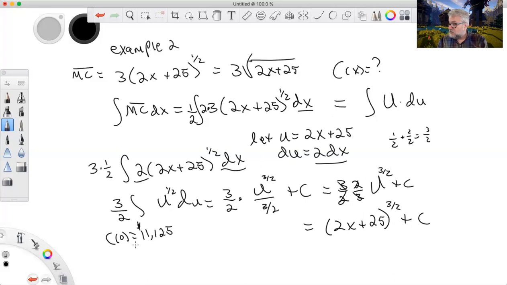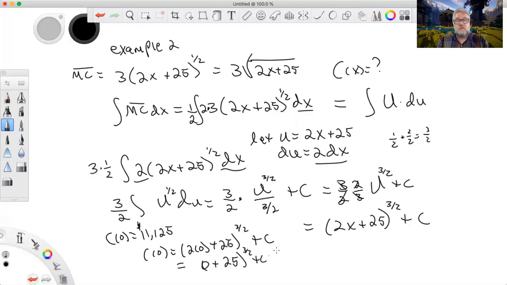So I'm going to plug 0 into my cost function. So it's 2 times 0 plus 25 to the 3/2 plus c. And so this becomes 0 plus 25 to the 3/2. 25 to the 3/2 is 125.